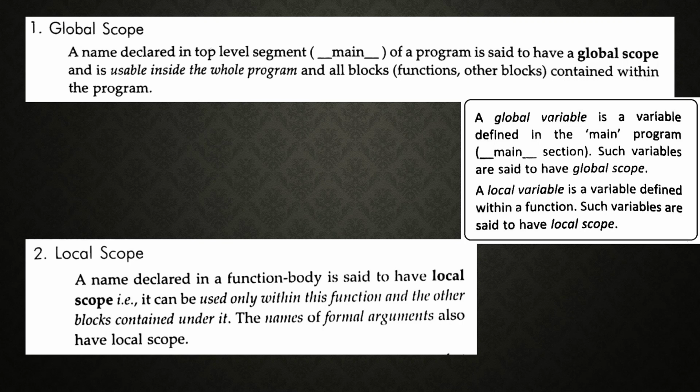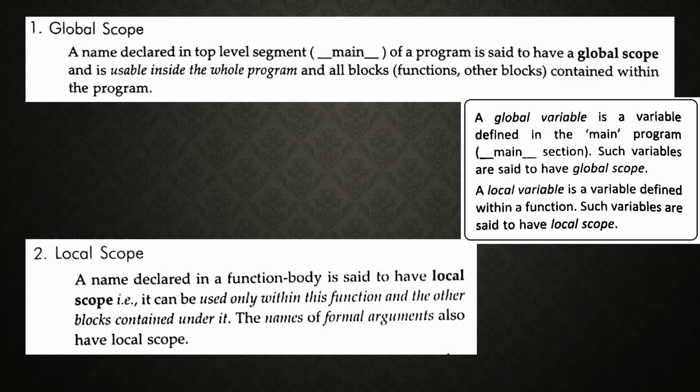Second one, local scope. A name declared in a function body is said to have local scope. If a variable name is declared in a function body or in a block, it has local scope and can be used only within this function and the other blocks contained under it.